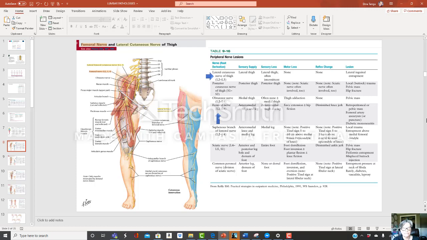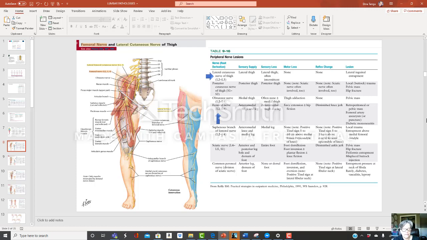The nerve root, start with the lateral cutaneous nerve of the thigh, L2, L3. So you can see over there in the picture on the left, the L2, L3 lateral cutaneous nerve coming down the lumbar plexus.